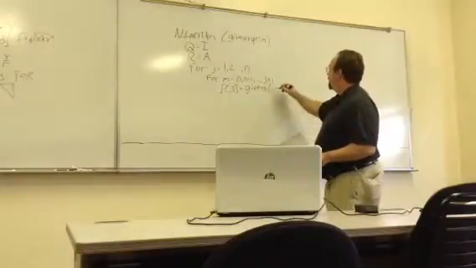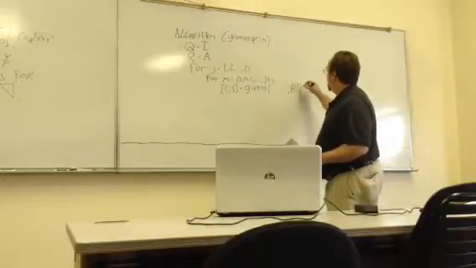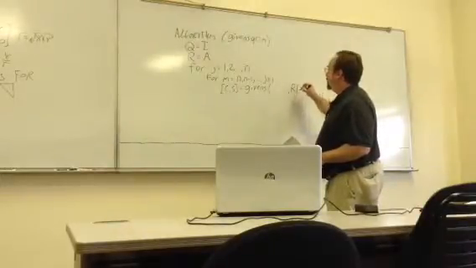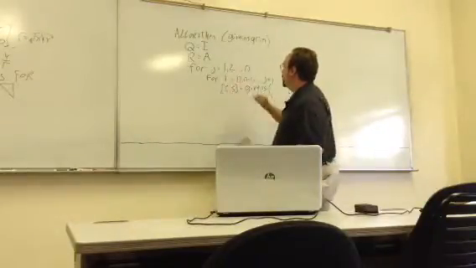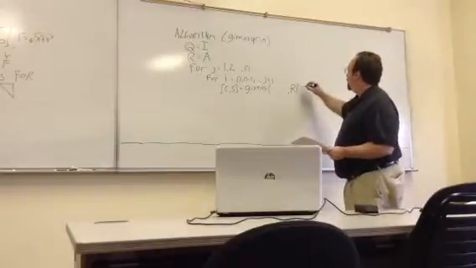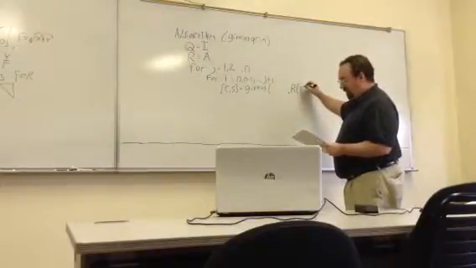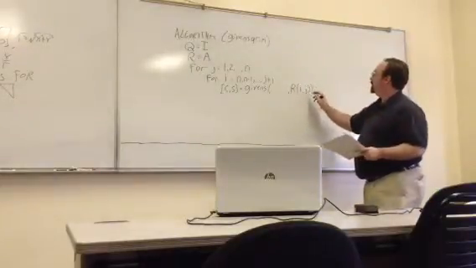So the idea is, the entry I want to eliminate is R, whoops, that should not be M, that should be I. I is my row counter and J is my column counter. So I'm in row I, column J. That is the entry that I want to be eliminated.